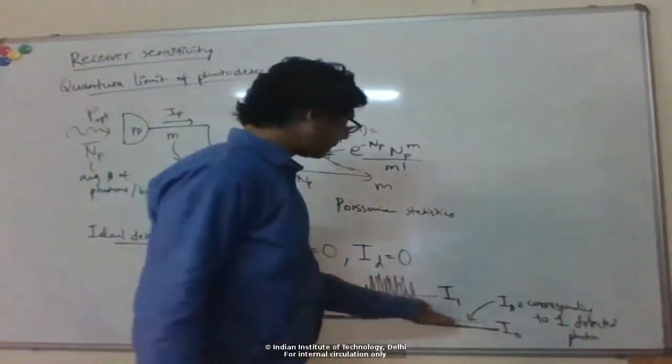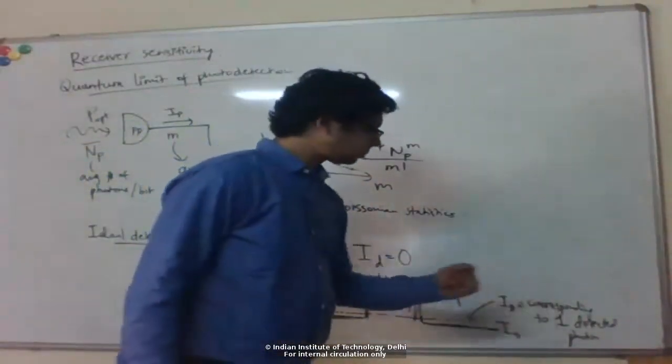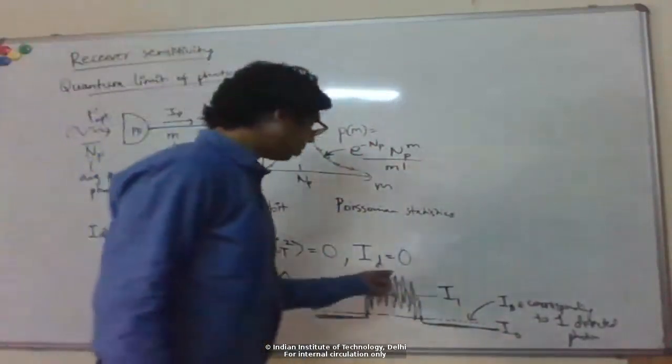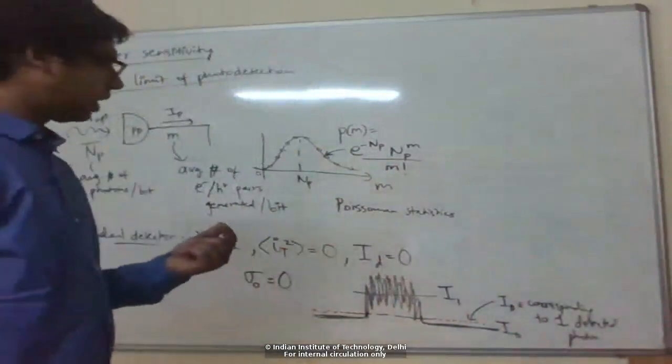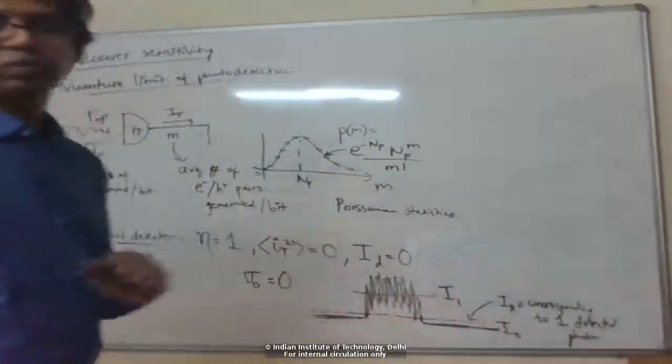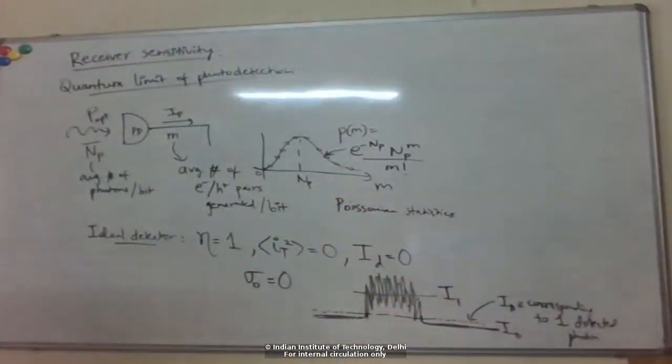So if I set my threshold at the level of one detected photon, then as soon as I cross that threshold, which means I detect at least one photon, I can say it's bit 1.